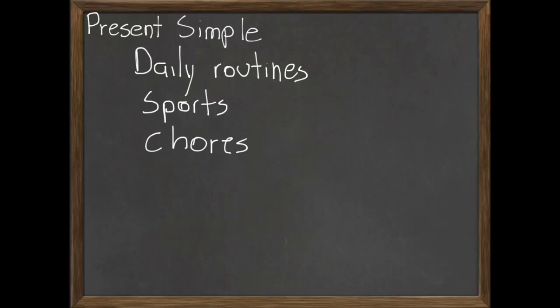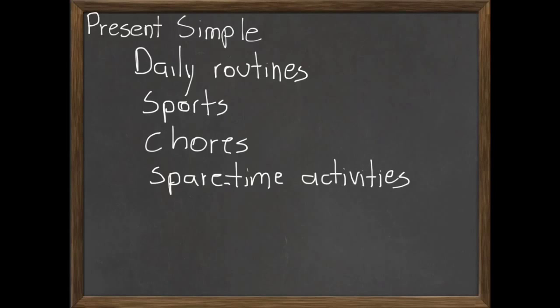We also saw a couple of chores, which are activities we do in the house, like doing laundry, washing the car, cleaning our room, and doing housework. We also saw some spare time activities, such as listening to music and surfing the net. And we also saw going out shopping, going to the movies, playing chess, playing board games, etc.